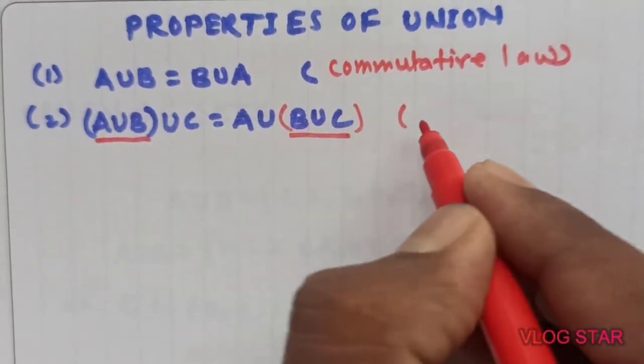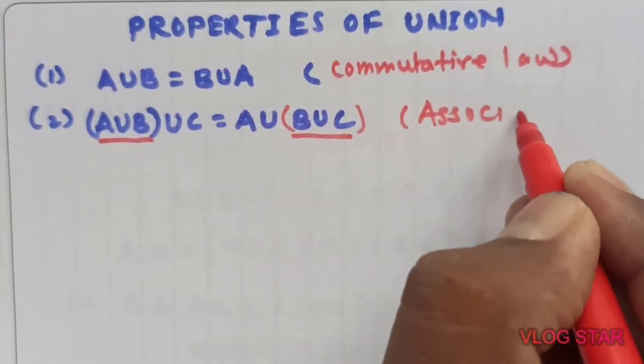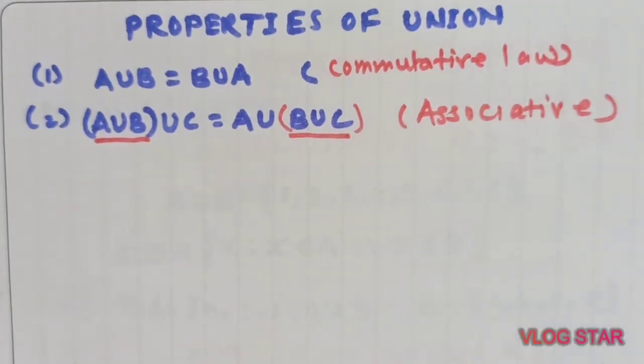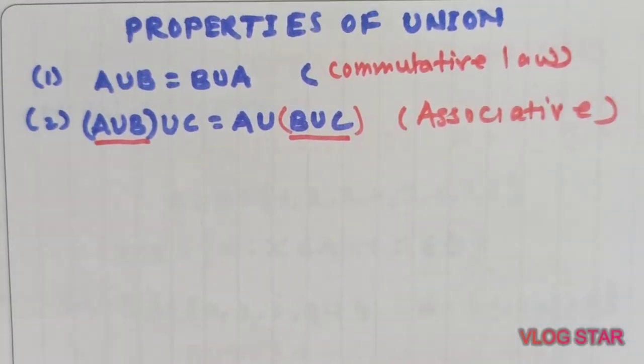The property is called associative. All these properties are applicable in algebra, for addition of real numbers.